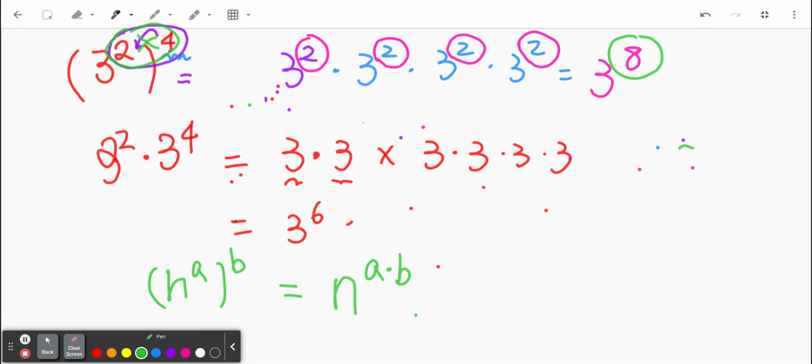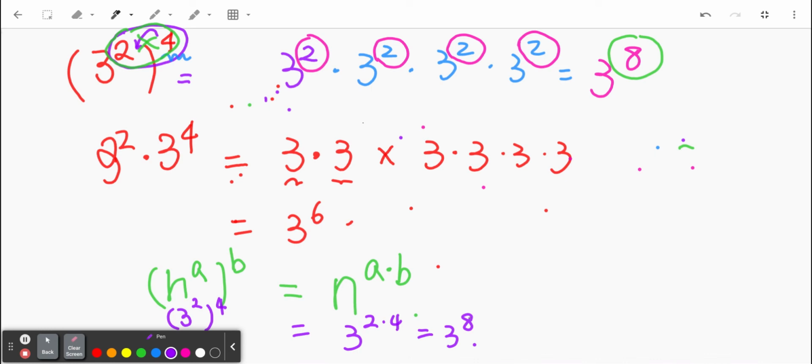You see that? So it's equivalent to 3 to the power 2 to the power 4. Here, n is the 3, a is 2, b is 4, right? And then it's equivalent to the base number 3 to the power a times b, which is 2 times 4, which is 3 to the power 8. Do you see how we get that based on the example we have here?